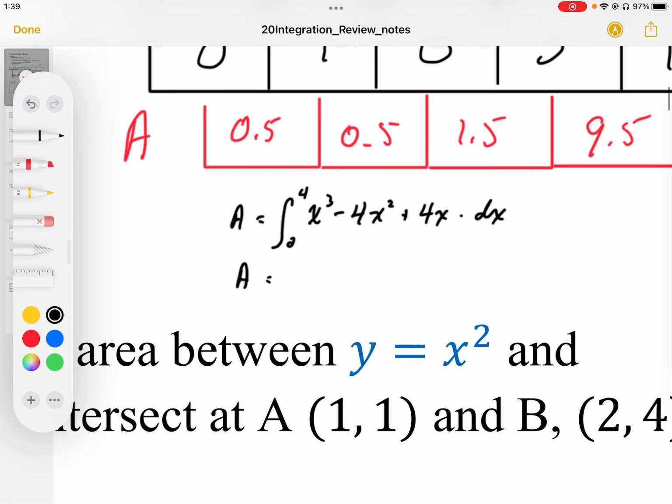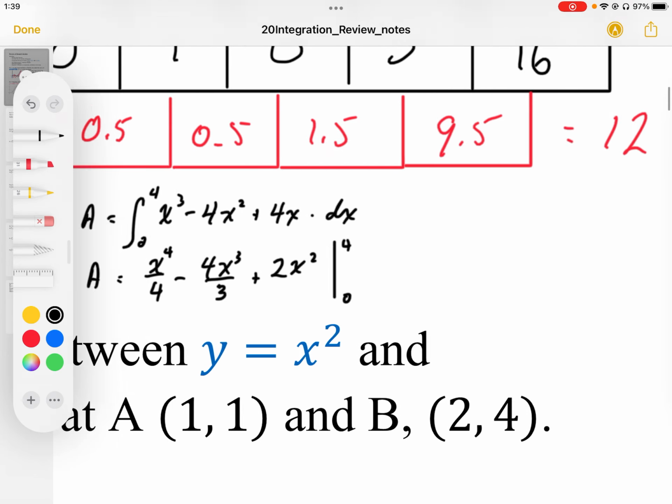So the antiderivative works out to be x to the fourth over 4, minus 4x cubed over 3, plus 4 divided by 2, which gives me 2x squared, and I'm going to be integrating this from 0 to 4.